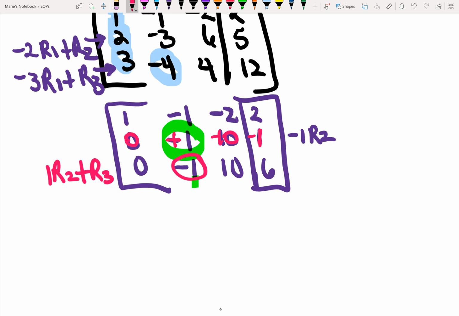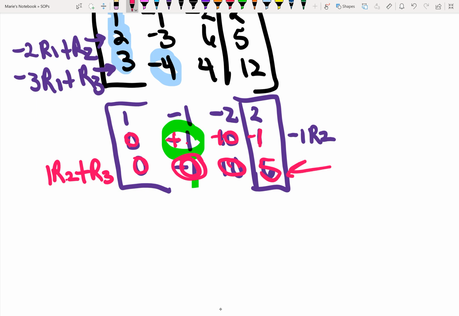So 1 times 0 is 0 plus 0 stays as 0. 1 times 1 is 1, minus 1 makes that a 0. 1 times -10 plus 10 makes that a 0. 1 times -1 is -1 plus 6, which makes this a 5.